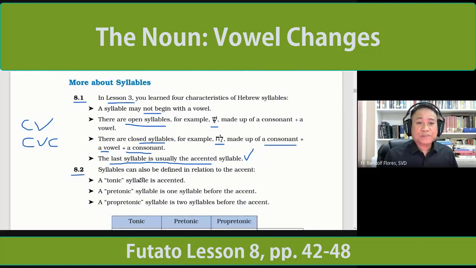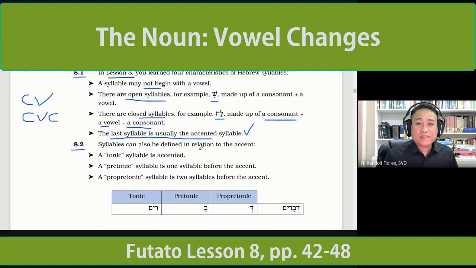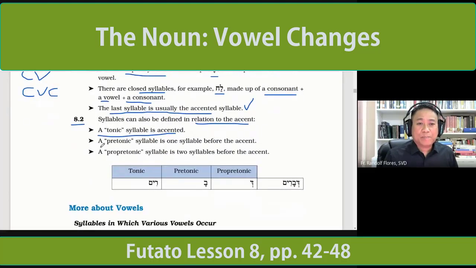8.2, syllables can be defined in relation to the accent. And there are 3 positionings of the syllables. A tonic syllable is accented. A pretonic syllable is 1 syllable before the accent.